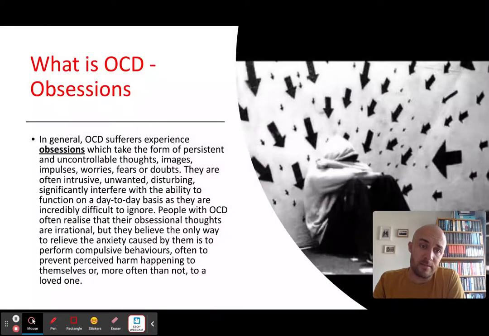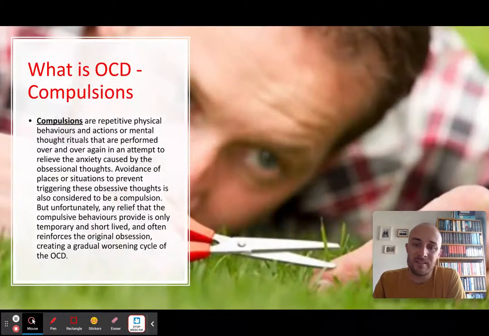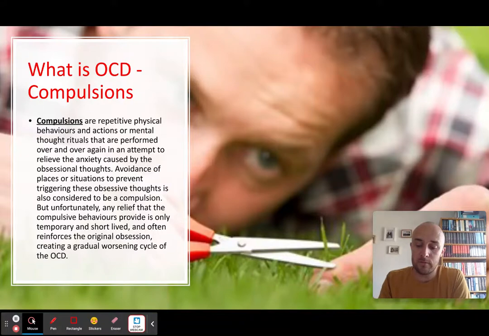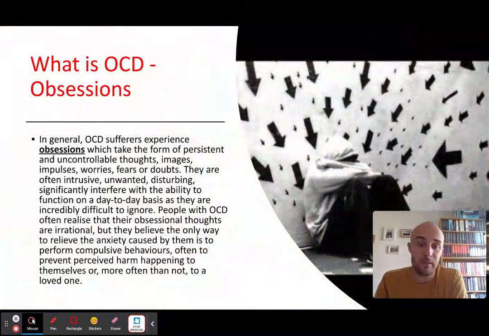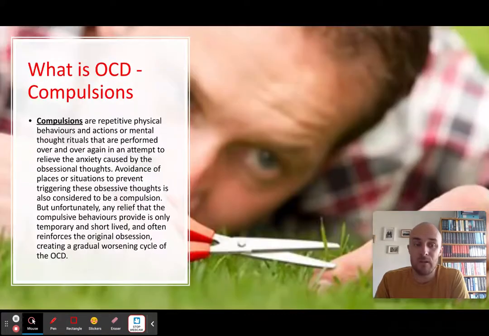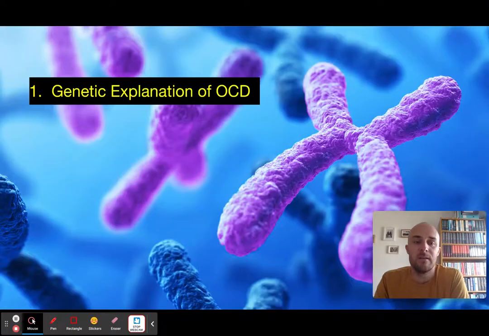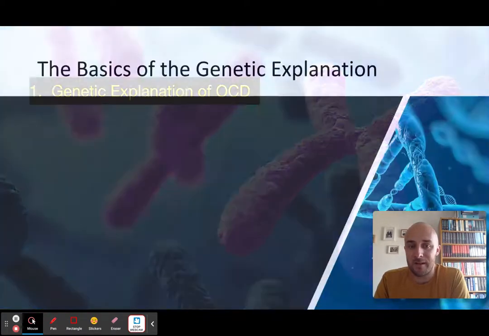So let's go through this then, shall we? We've got a little bit about what obsessions and compulsions are. If you want to pause the video to make sure you're not missing anything here, feel free to do so. But I think most of it is stuff I have covered. You have obsessions, you have compulsions to quell the obsessions. But let's go into the actual genetic explanation.